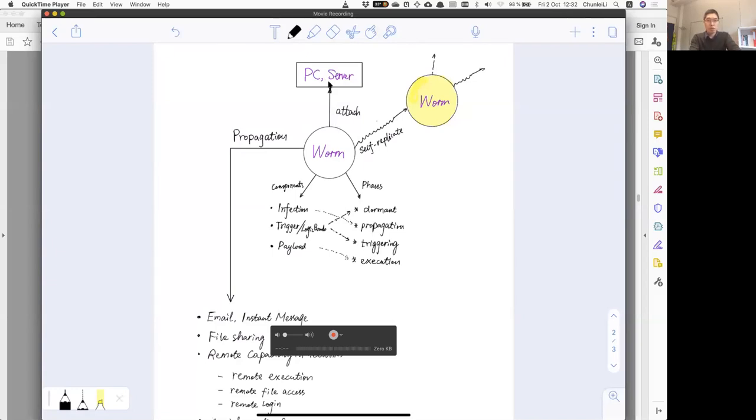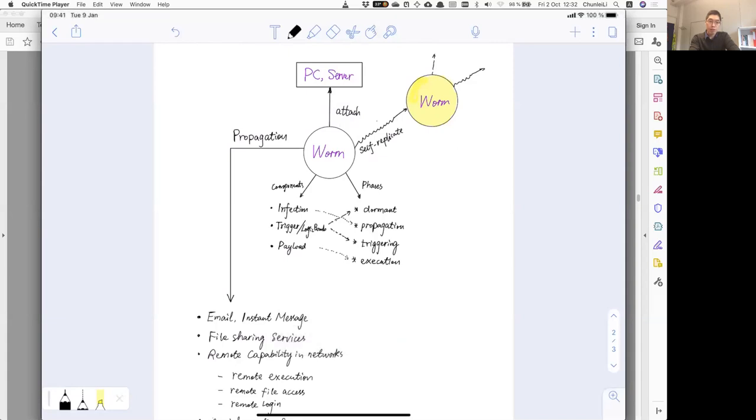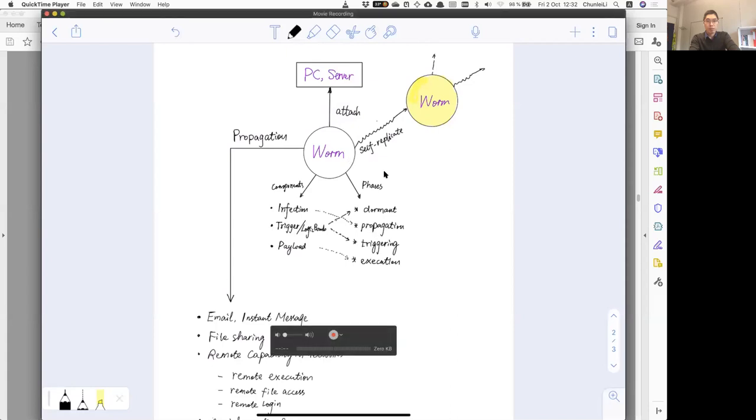Different from a computer virus, computer worms try to attach to innocent PCs, servers and other computer systems. Itself, it's a standalone program, and it can self-duplicate and try to infect other computers this way. So it also has this self-replication process.